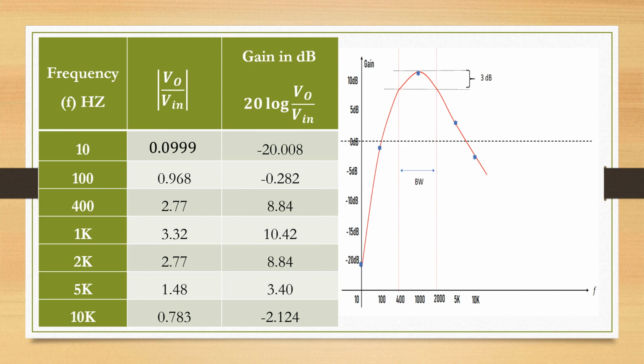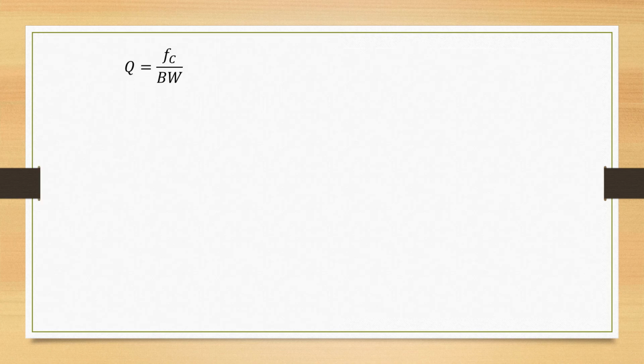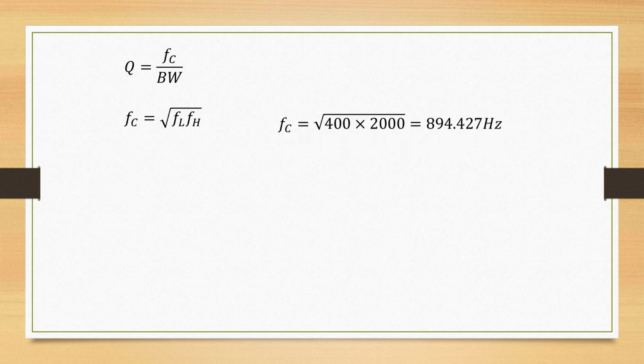Moving on to the third part, to find the quality factor of the circuit. The quality factor Q is the center frequency Fc divided by bandwidth. Since it is a wide band pass filter, the center frequency Fc is given as square root of Fl into Fh. Substituting the values of Fl and Fh, we get the center frequency as 894.427 Hz.